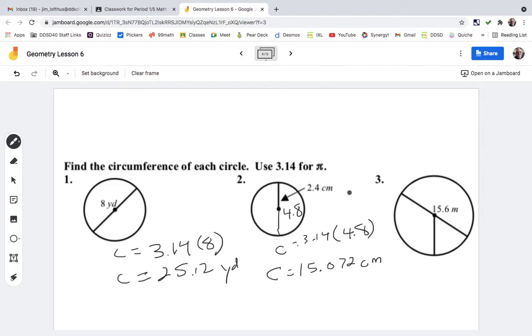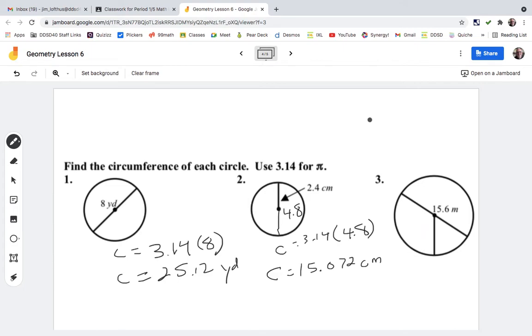I'm going to double check that. 3.14 times 2 times 2.4 is 15.072.